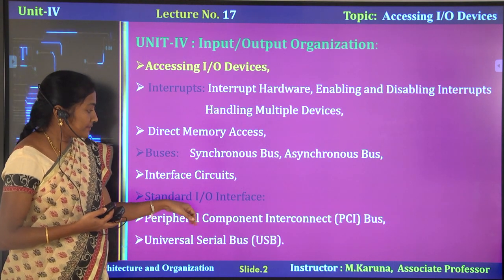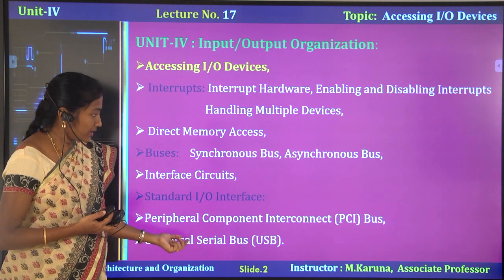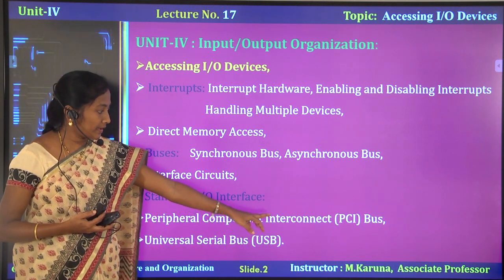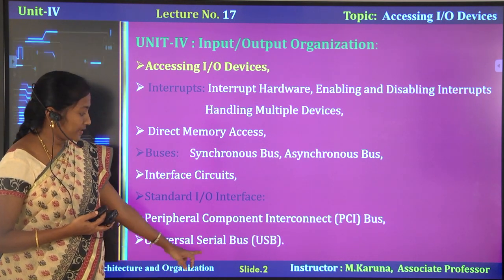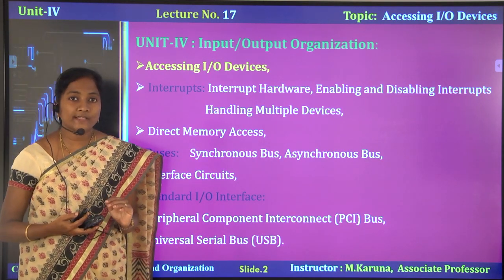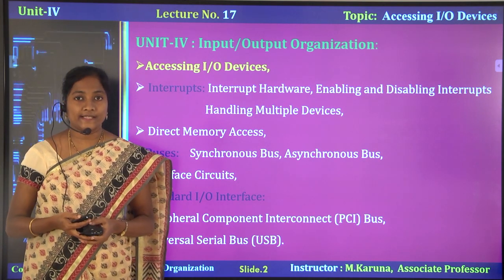Next, some standard interface devices we will discuss. Those are the peripheral component interconnect bus, PCI bus, and USB, that is universal serial bus. Okay, in this video we will concentrate on accessing of I/O devices.